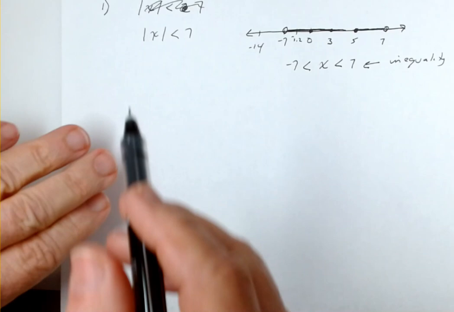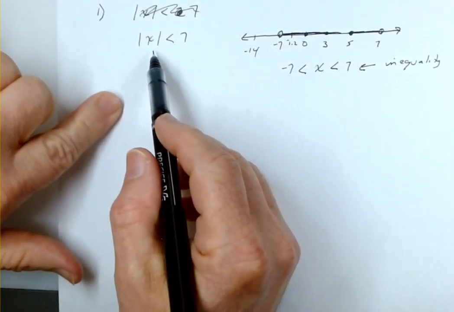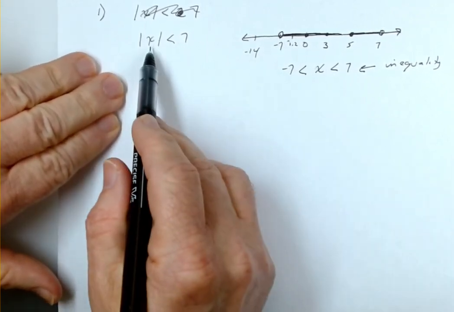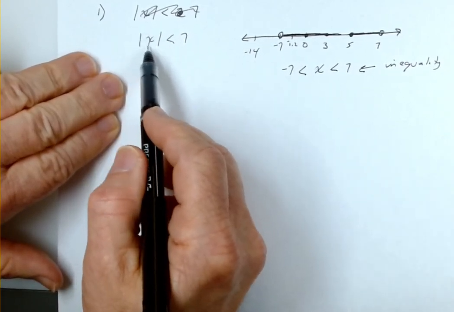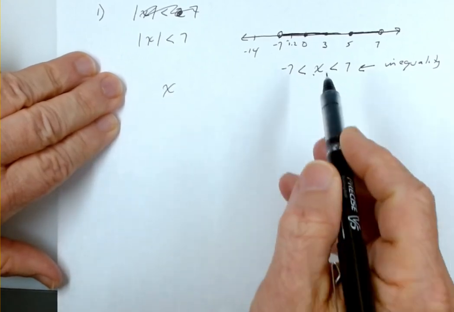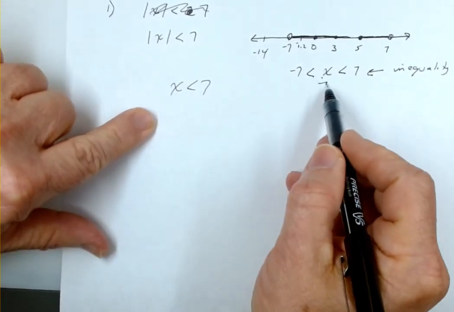All right. So from all of this, the way you're going to do these problems, if you have an absolute value less than, is if you look at what we ended up with here, what was inside the absolute value bars is what's in the middle. So we have x, and you're going to say x is less than 7, just like this right here.